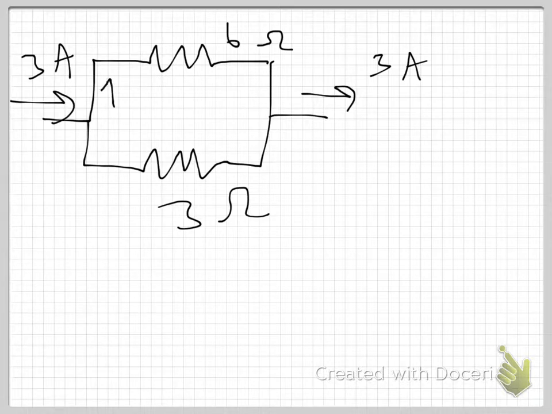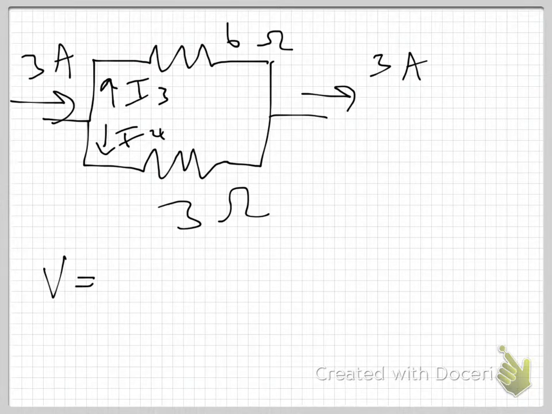Remember, I've said that this, I believe, is I2. Nope, that's I3. This is I4. That's how I've called them in previous videos. So for I3, the V to which the 6 ohm resistor is subjected is I3 R3, where R3 is the 6 ohms.